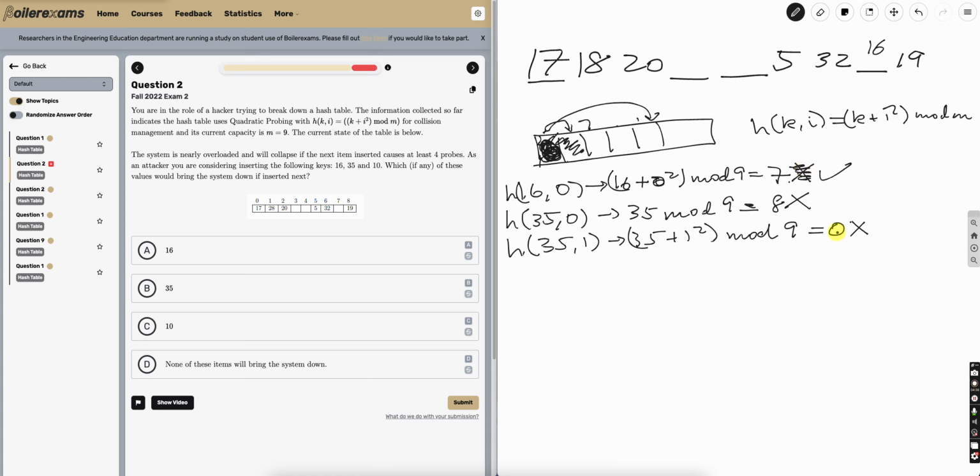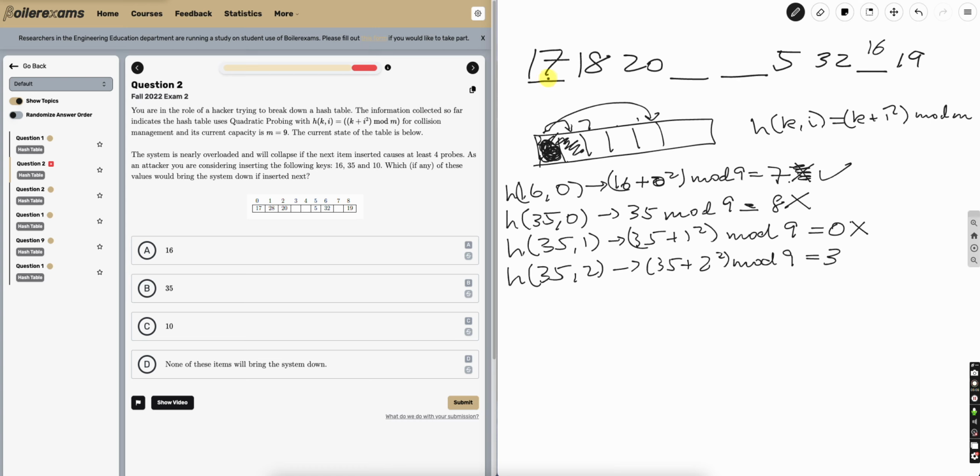So you go to the next one and increment i. Here h(35, 2) is 35 plus 2 squared, which is 39 mod 9. That has a remainder of 3, because 4 times 9 plus 3 equals 39.